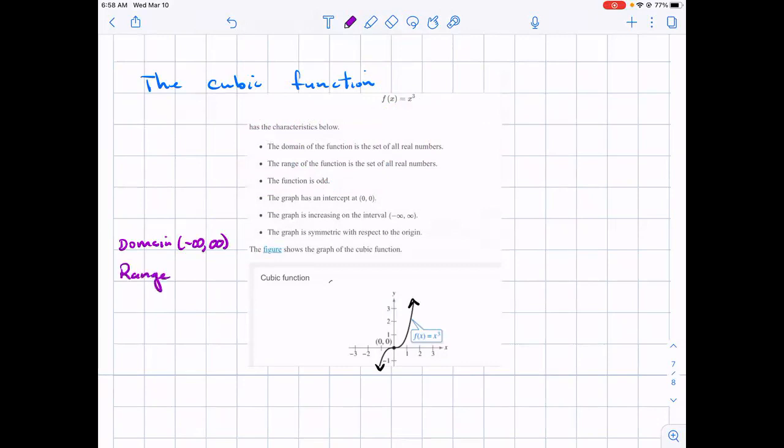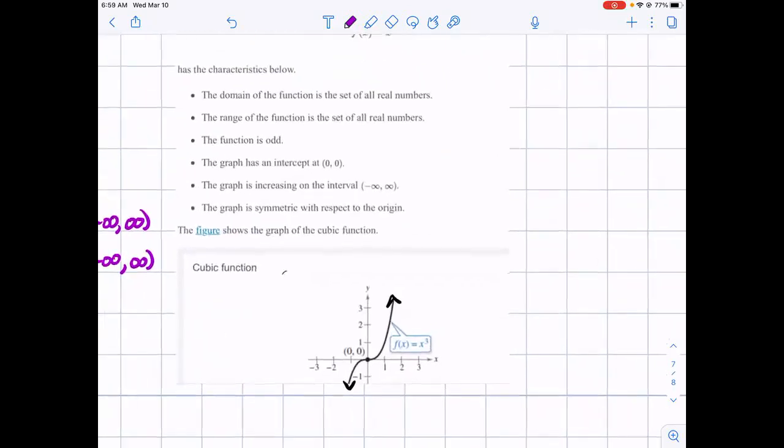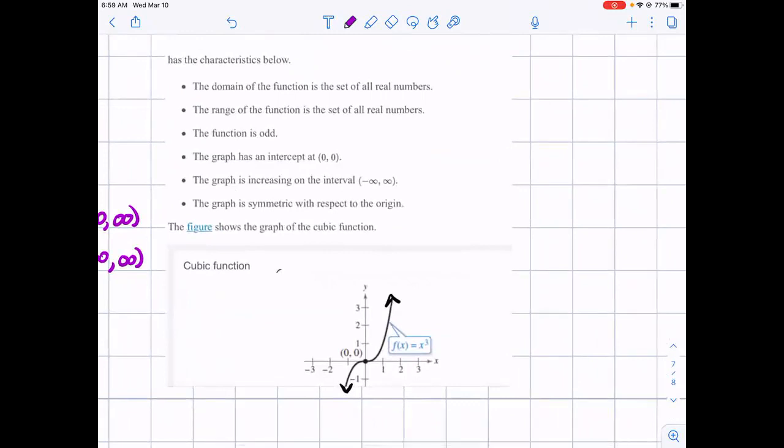The range is also minus infinity to infinity. The function is odd, meaning there's symmetry at the origin. It has an x-intercept at 0, 0 and a y-intercept at 0, 0, and it's increasing consistently. These are the characteristics of the cubic function.